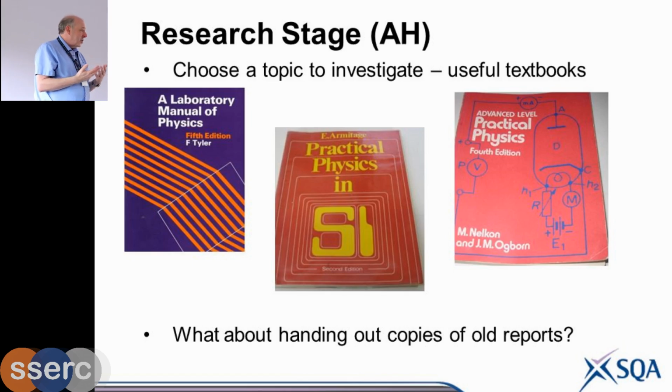The better candidates will go, hang on a minute, to get from step 2 to step 3, I need to do a couple of other steps, and they put those in. Then to a marker, that's like, oh, this candidate understands what they're doing, because they've put that missing link in. So there are other books around.